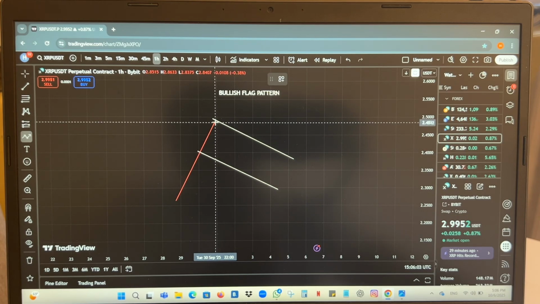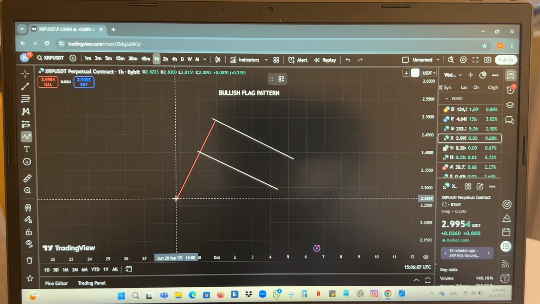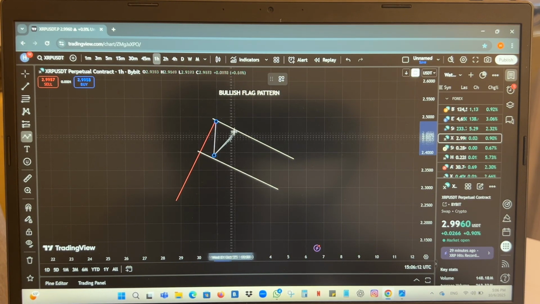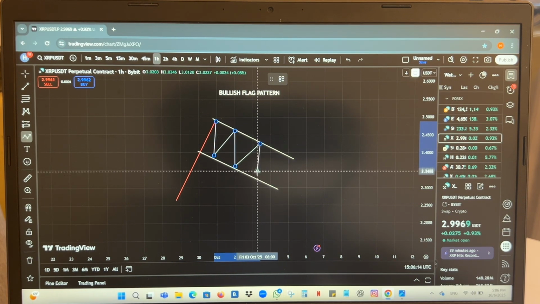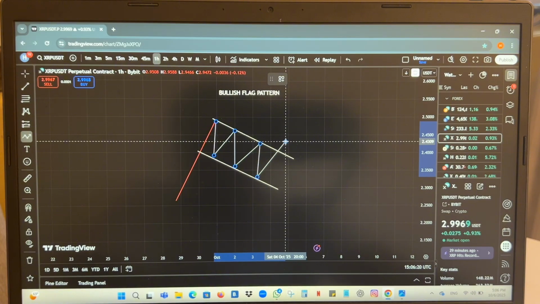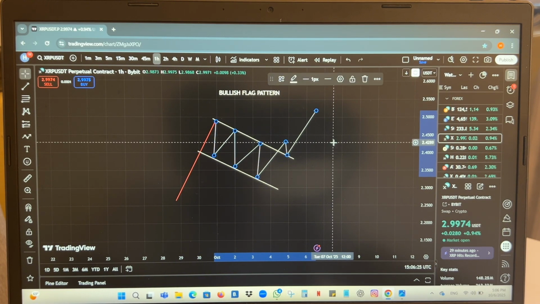The market should initially, if it's a bull flag, start as an uptrend, and from here itself it does this, just bounces up and down through the support, through the resistance, and then it's going to break the resistance level, do its retest, and then it's going to go up.